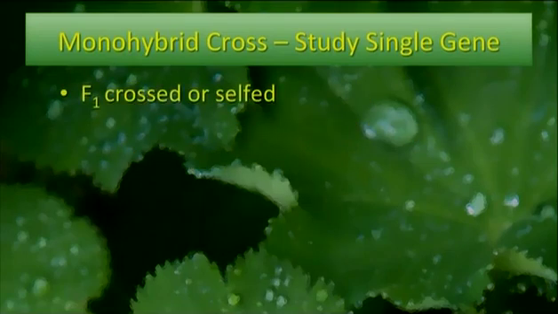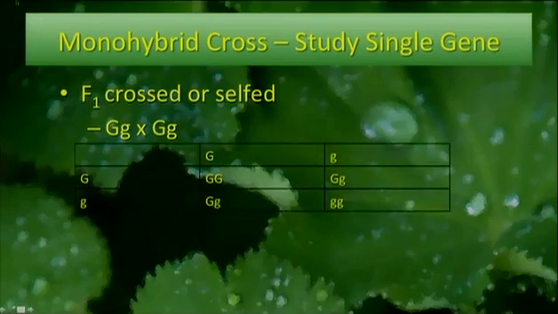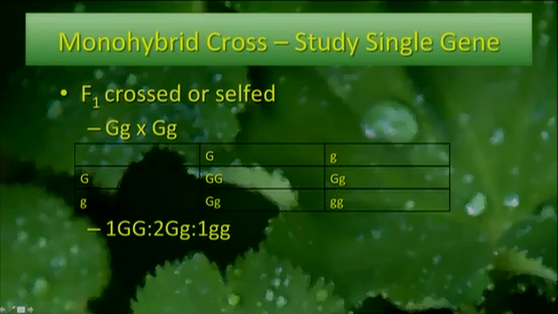Now when you cross this F1, or self it, so you have big G, little g times big G, little g, as shown here in this Punnett square, what you'll get is 1 big G big G to 2 big G, little g's to 1 little g little g.